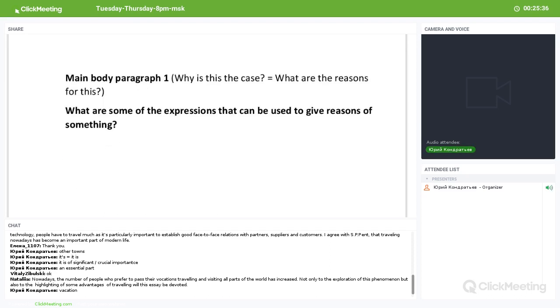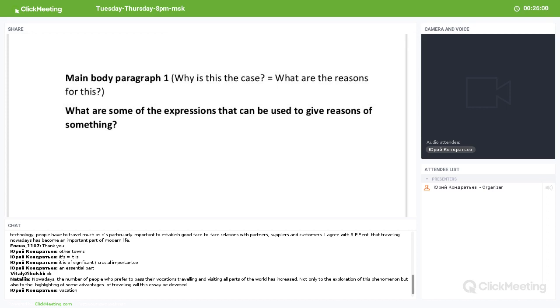This was the introduction. We're going to talk about the reasons why more and more people are traveling nowadays. But before we do this, can I ask you to brainstorm some of the ideas? What are some of the expressions that can be used to give reasons of something? So these are some synonyms for the word because.